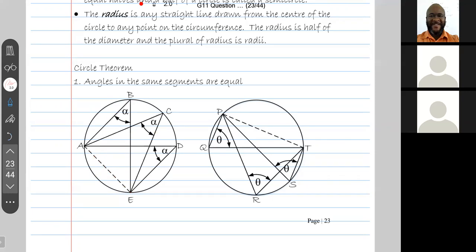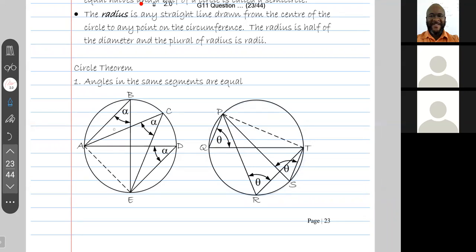Now, the angles at B, C, and D, they're all equal, and they're called angles in the same segment. Guys, let us see how we identify angles in the same segment.